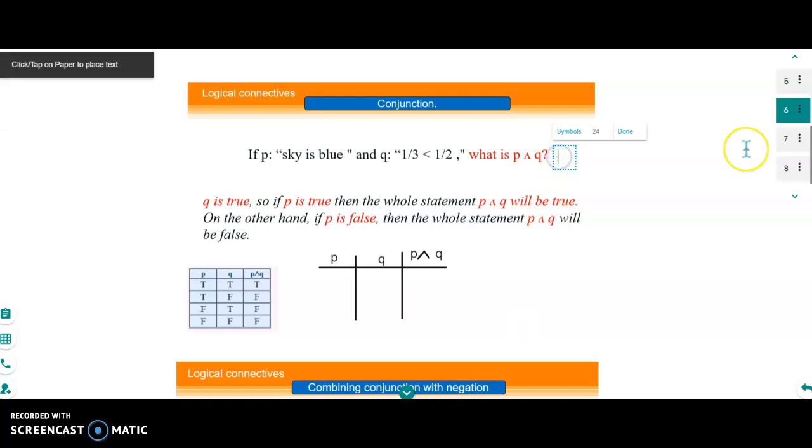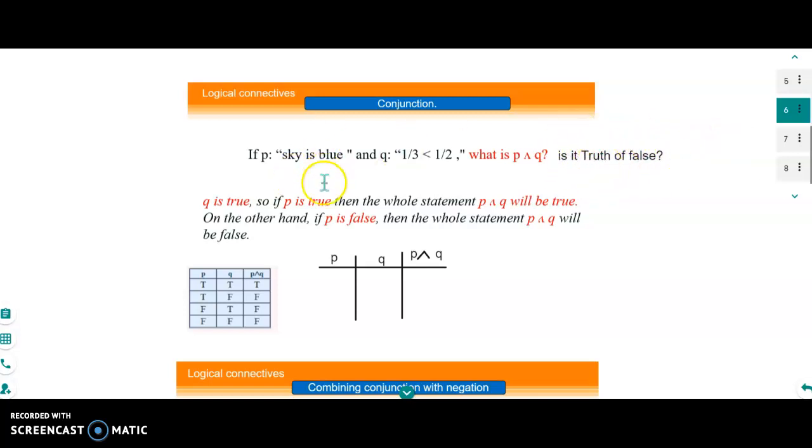Is it true or false? We're going to find out which truth value we'll have here. So let's start with the first proposition. We build a mini table here with P and Q, because they are asking P and Q.